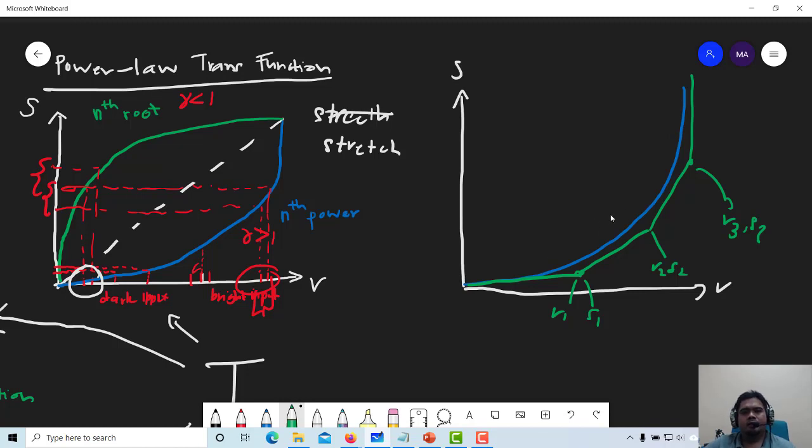So what is the advantage of using this one? Of course, let's say you want to do some image processing in an embedded system where you have very low power processing. With low power processing, of course you cannot process a complex operation such as the power law, because the power law transformation function, if you remember the equation, involves S equals C R to the power of gamma.